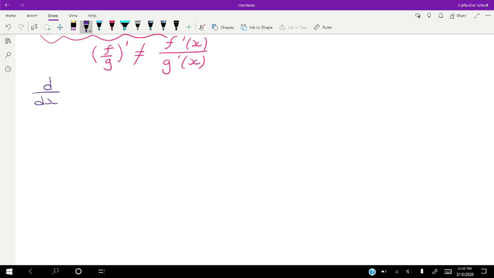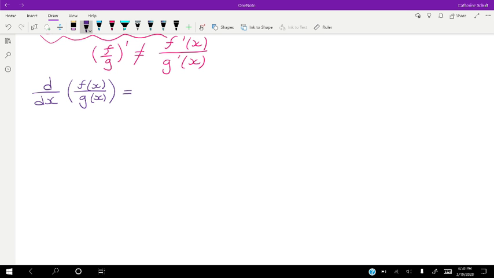So the derivative for two differentiable functions, of course they have to be differentiable, right? f of x divided by g of x is equal to the following. And in this case, the order of the terms matters. It didn't matter for the product rule because we were doing addition, but the quotient rule uses subtraction.